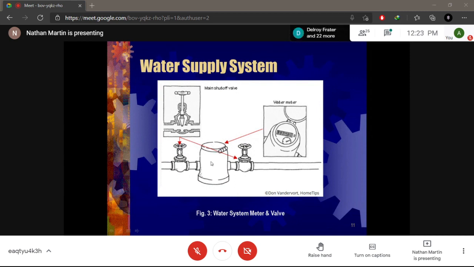Another thing to understand is that a lot of times they'll use unions in conjunction with these valves, right? So after the valve, you'll probably have a union, and before this valve, you'll have a union, so they are able to remove the meter without having to cut the pipes.